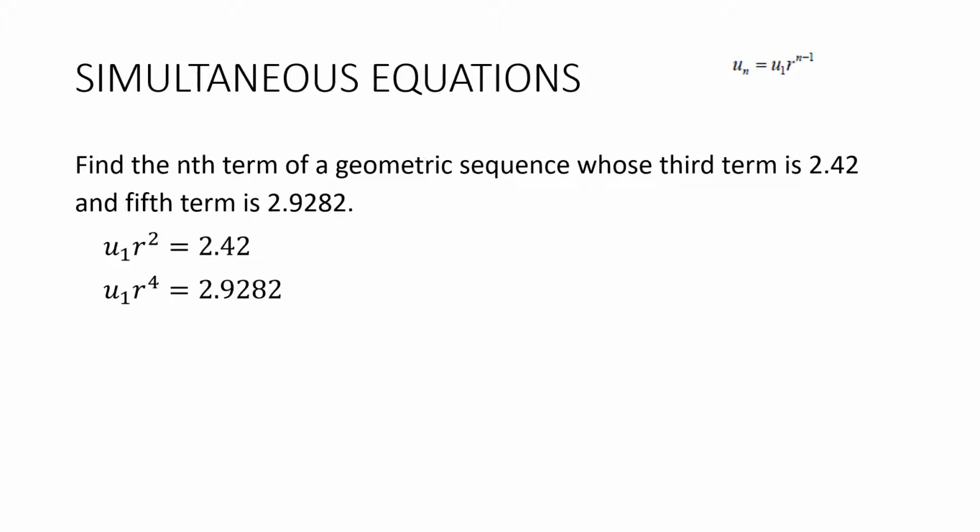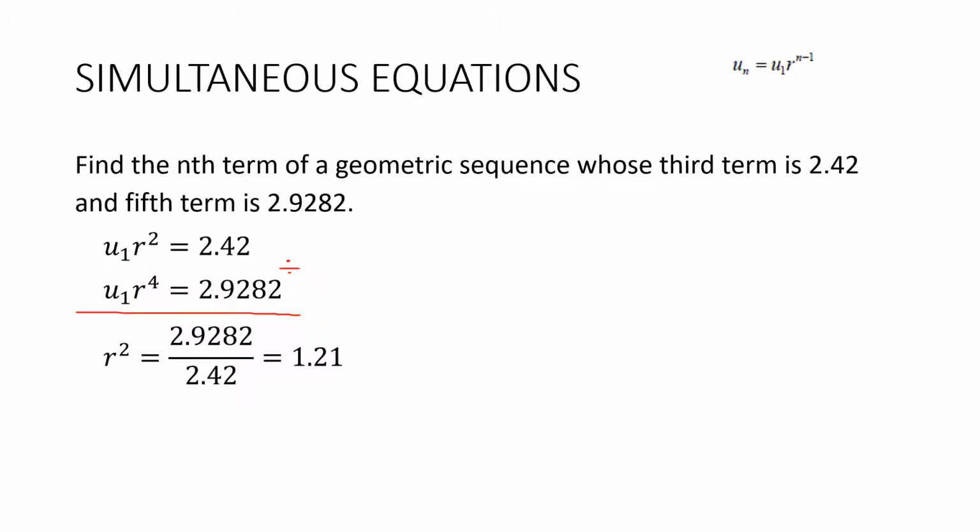Now, we can't do our normal thing where we subtract. It's actually not going to work. It won't cancel anything out. What we're actually going to do is divide both sides. And I'm going to go from the bottom up again, like I said we did before. I'm going to do this one divided by this one is equal to this divided by this. Okay, so when I do that over that, the u1's cancel out.